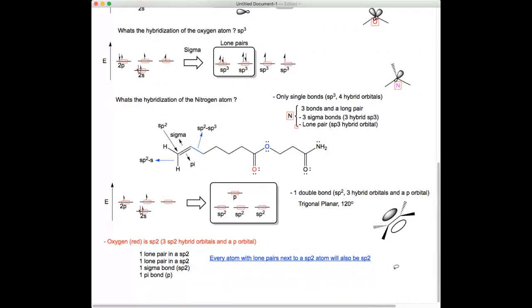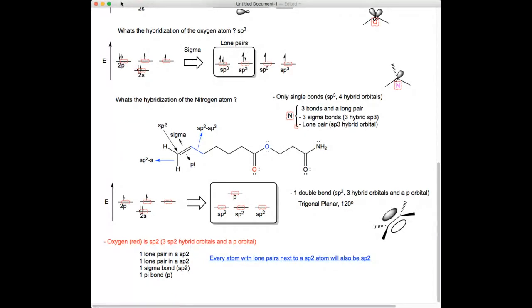There is a scientific explanation for this. You might not have all the knowledge that you need for that; you'll see that later on. But at least for now, I want everybody to understand that every atom with lone pairs next to an sp2 atom will also be sp2. Go ahead, Ruth. I just want to make sure there is no exception to it.